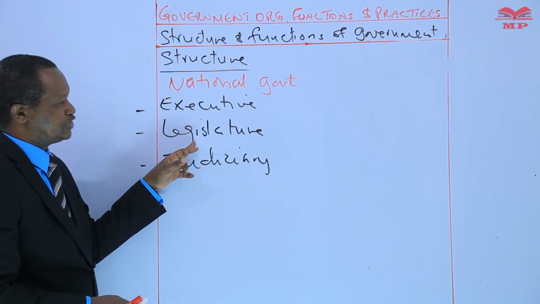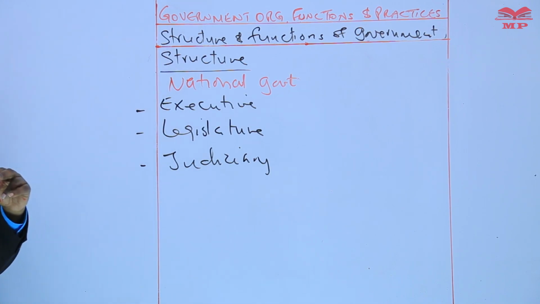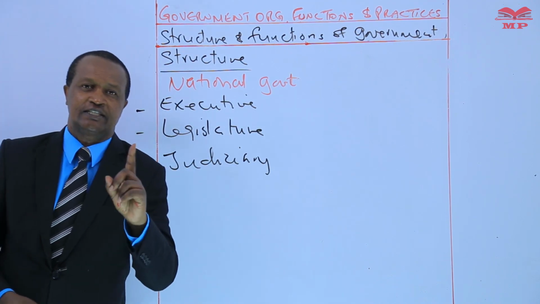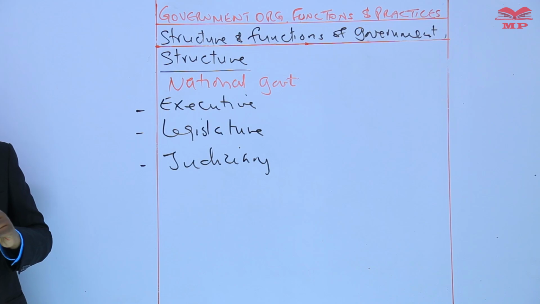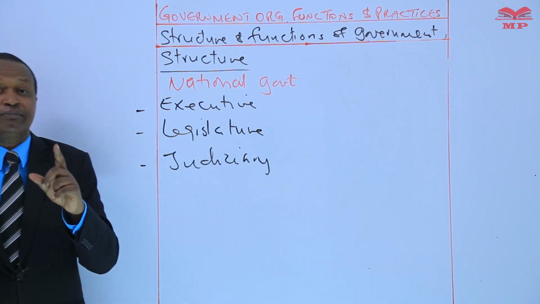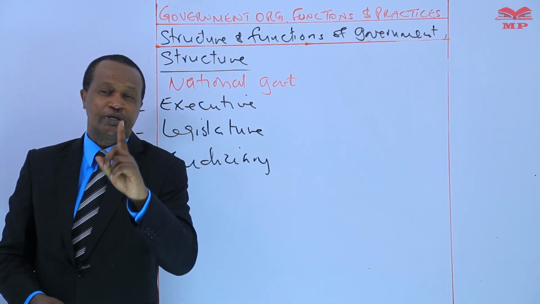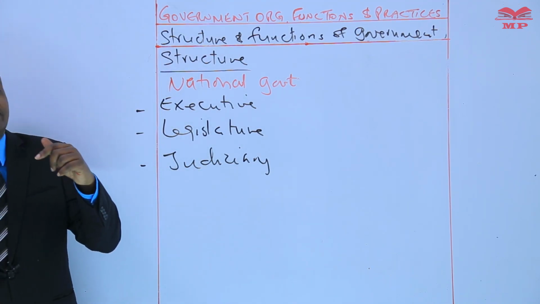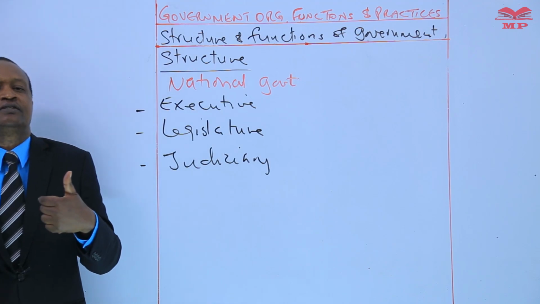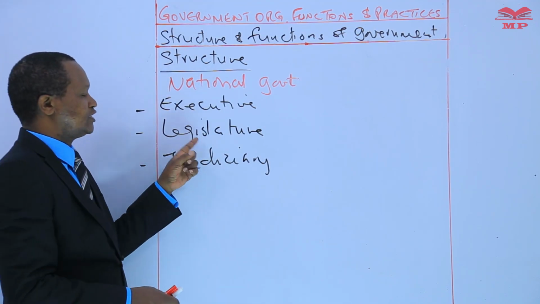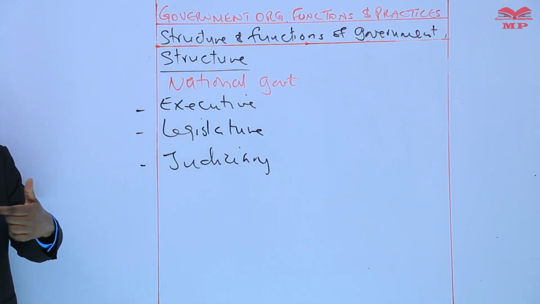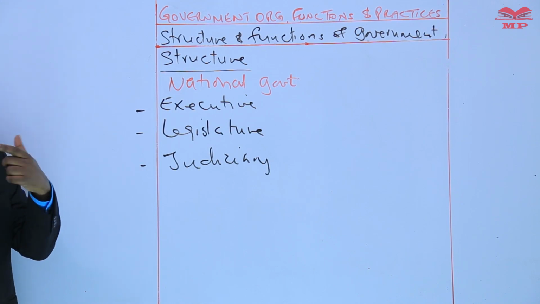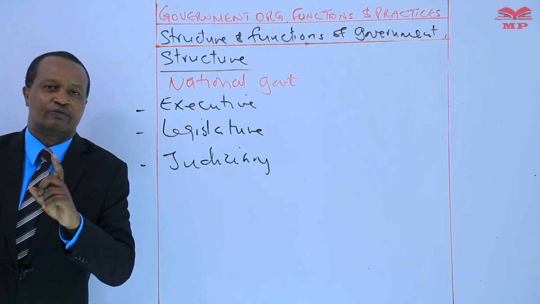Then you have the legislature, which comprises two houses, namely the National Assembly and the Senate. The National Assembly has 349 members, all right? A whopping 349 members, while the Senate has 67 members. This legislature is responsible for making laws and overseeing the actions of the executive.